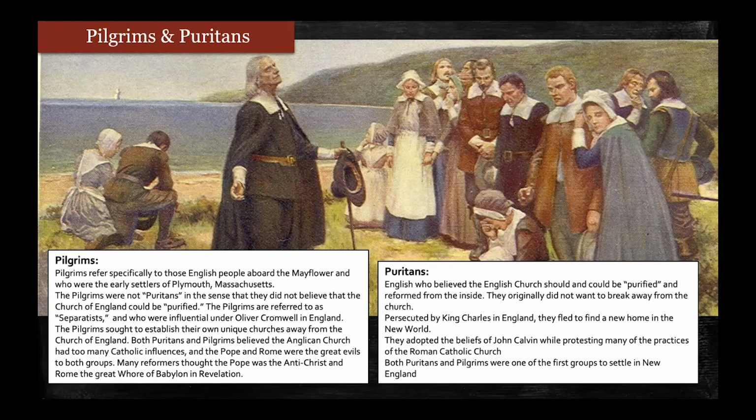The Pilgrims sought to establish their own unique churches away from the Church of England. Both Puritans and Pilgrims believed the Anglican Church had too many Catholic influences, and the Pope and Rome were the great evils to both groups. Many reformers thought the Pope was the Antichrist and Rome the great whore of Babylon in Revelation.